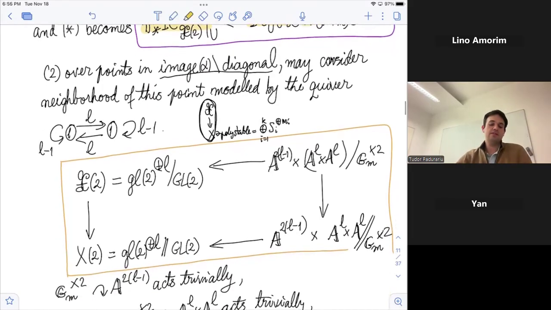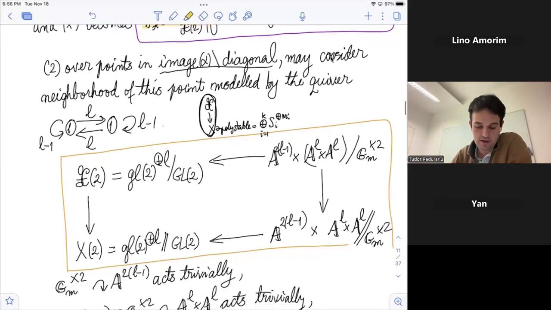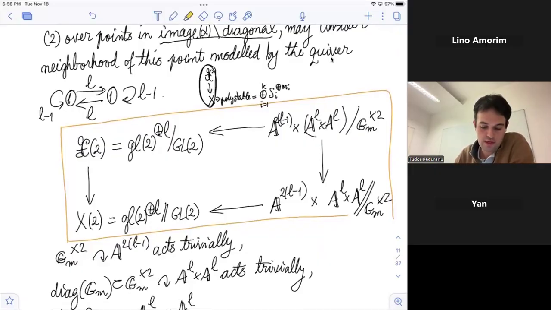Yeah, so we get this simpler quiver. So this is kind of a picture. We had our initial map from the stack to the good moduli space. And now near one of these points in the image of alpha minus the diagonal, we have this other model. It's the space of representations of the quiver.